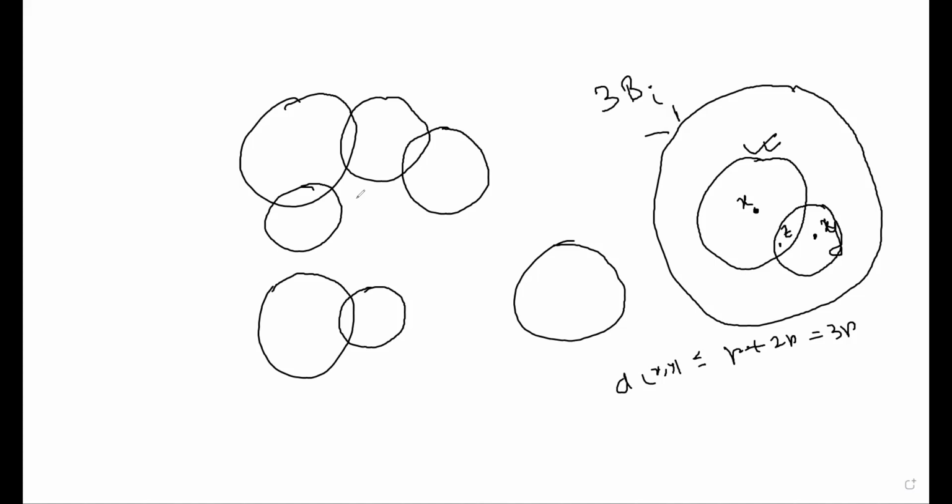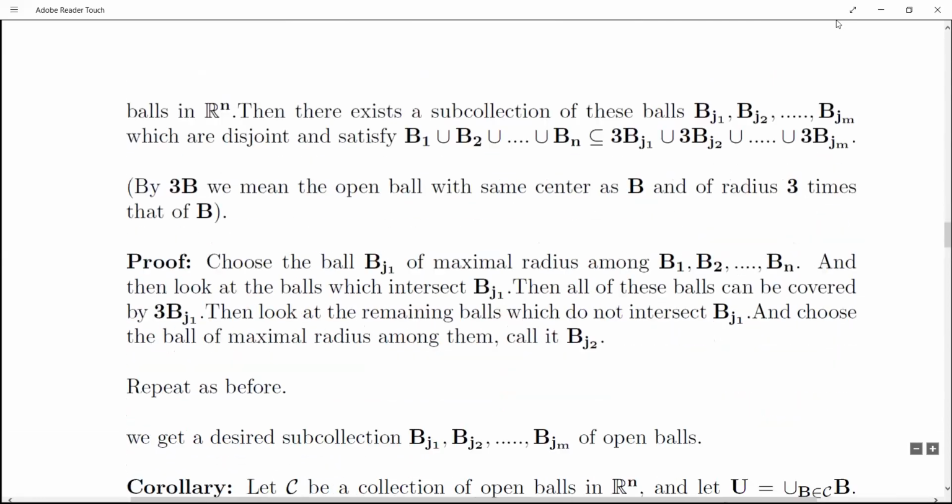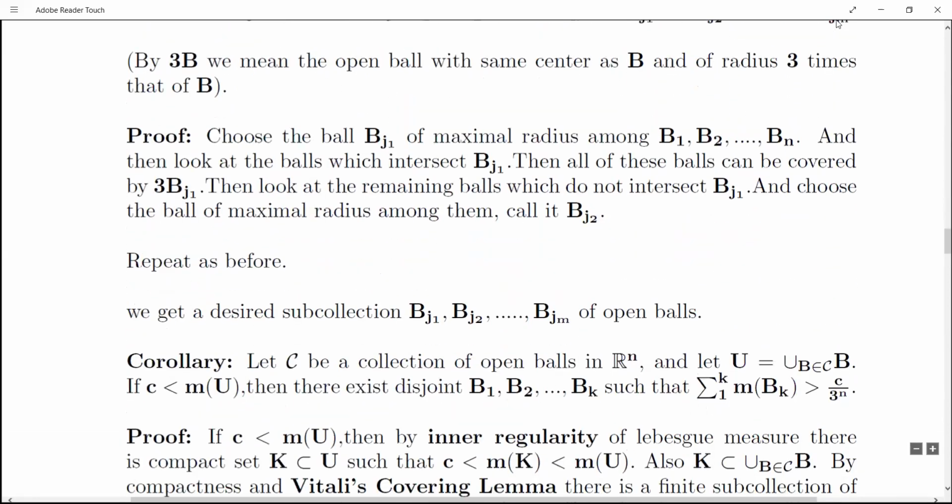So now just go by induction. I will go back to the slide. So that is what I've written here. Choose the ball with the maximal radius and then look at the balls which intersect b_j1.